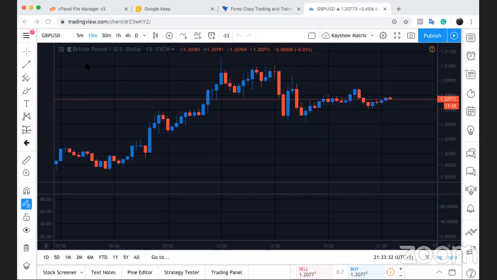So you must be trading a currency against another currency. And the currency I have right here is GBP USD. So it means I'm trading the Great Britain pound against the US dollar. That is what this means.